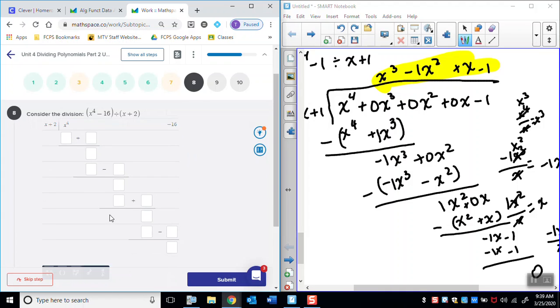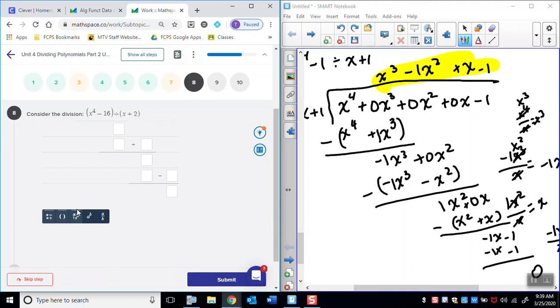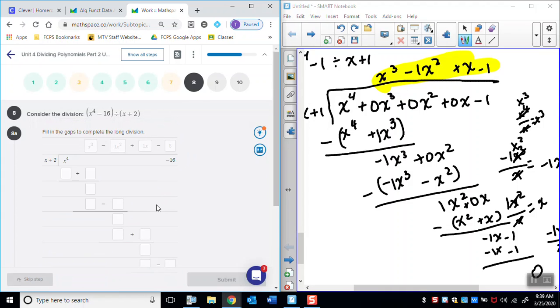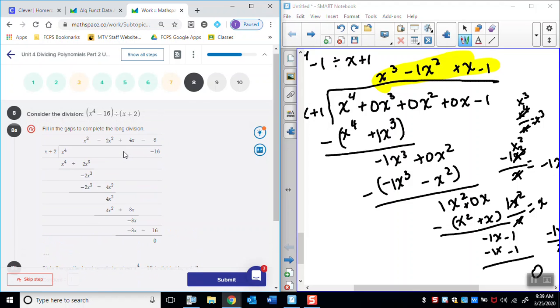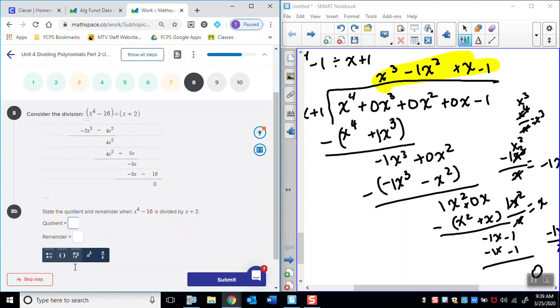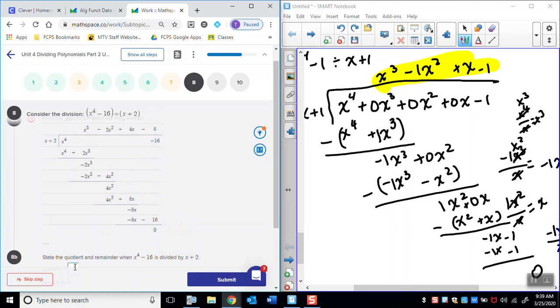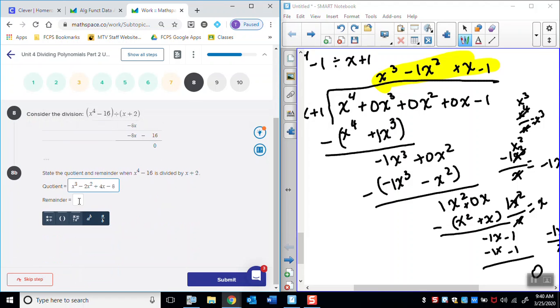Okay, and then I'm going to skip this part. Okay, but see that, oh, I did this wrong. Anyway, that's fine. It is what it is. Alright, so now we're going to write our quotient. So that is x to the third minus 2x squared plus 4x minus 8. Okay, and you have a remainder of 0.